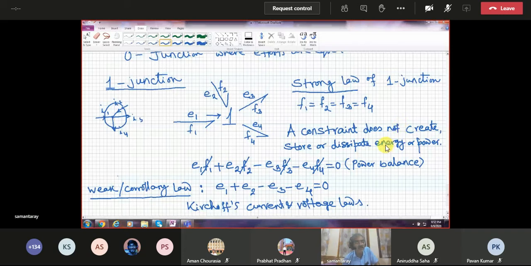What we are drawing here is something like this. You have, let's say, I1, then you have I2, then you have I3. So all these are the same. I1, I2, I3 are the same. What is the potential difference across this?